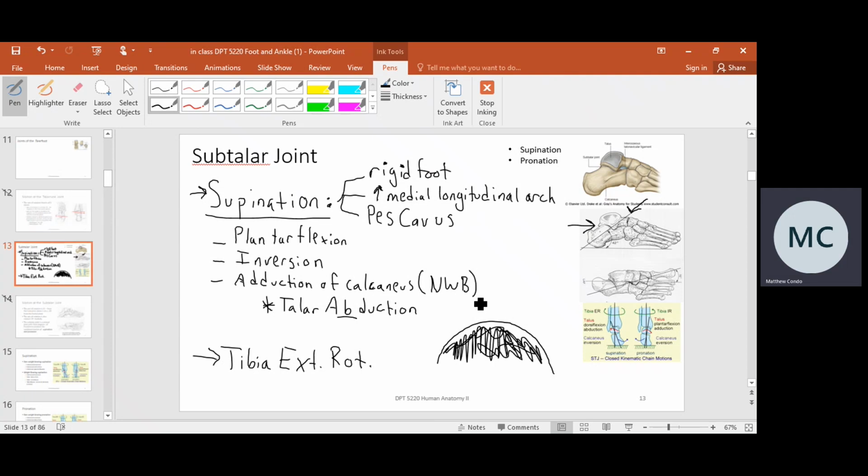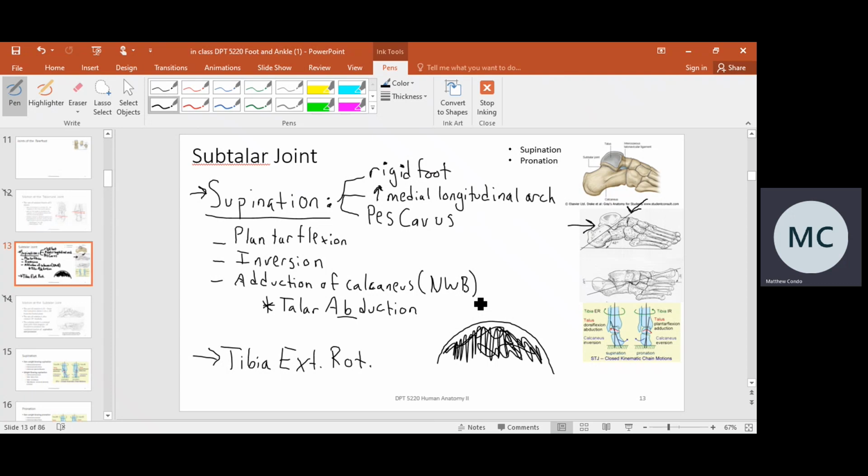When we're weight bearing, it can happen, but it's going to be a lot easier to do it when it's non-weight bearing. Now, during weight bearing, and we have a couple slides after this, we'll go over it again. Weight bearing, that's when we're going to see a lot of that action-reaction relationship between the talus and calcaneus. Because what we have to think about is how the force of the ground, or the normal force, shoots up through the calcaneus, and then how the talus is going to react to that force as well.